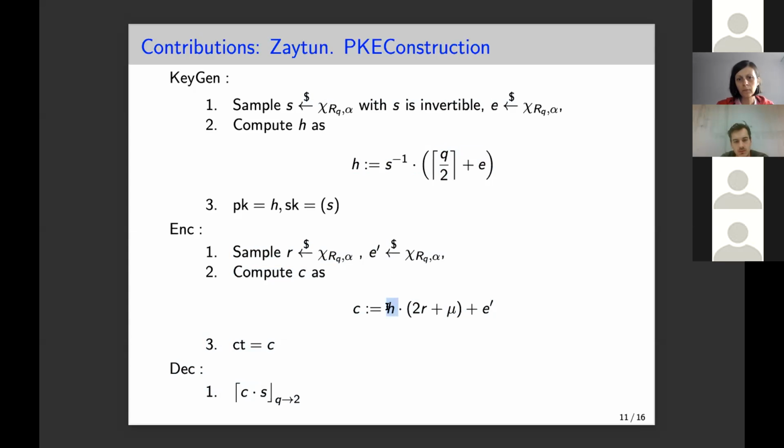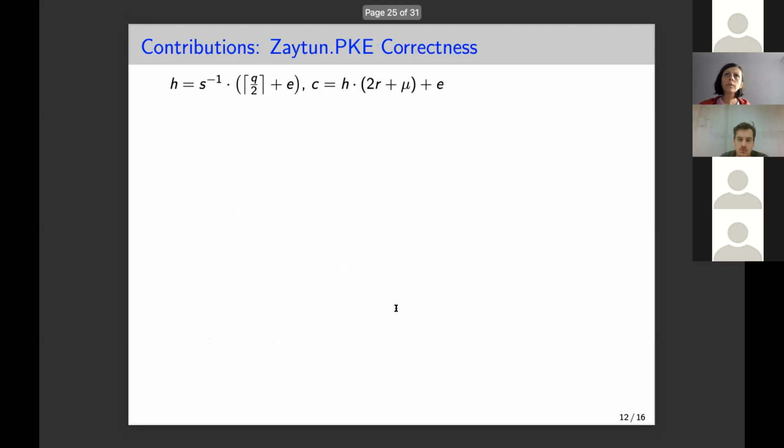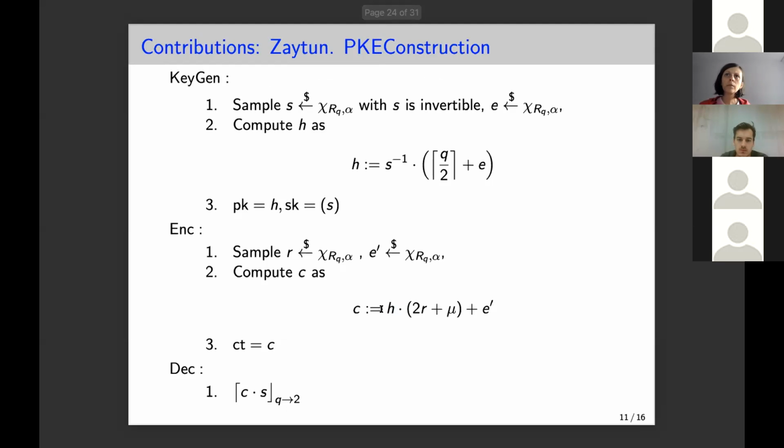Yes. The compression and decompression is publicly known, so that didn't interfere with the proof. Really? Yeah, I think it just affects the decryption failure, but the proof is the same.